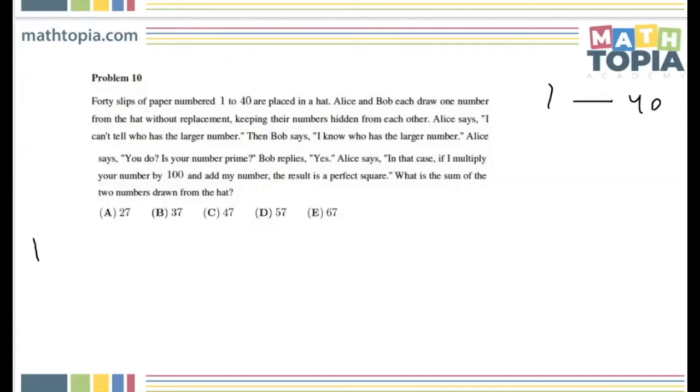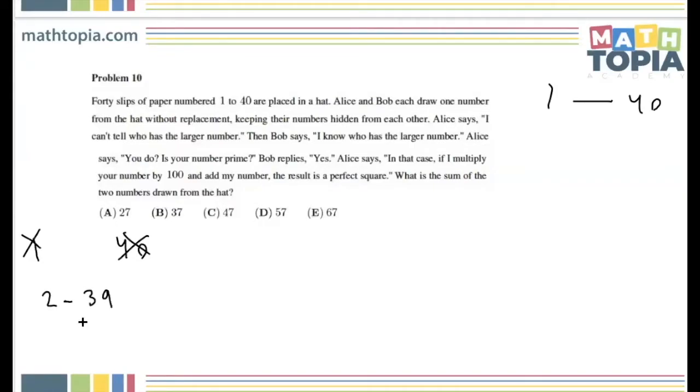But she says she can't tell. And with 40 as well, she would be able to tell Bob has the smaller number, because 40 is the largest number. So she can only have a number from 2 to 39.